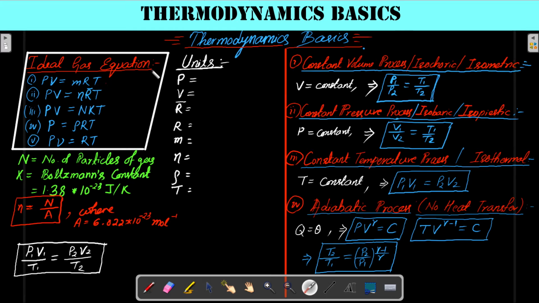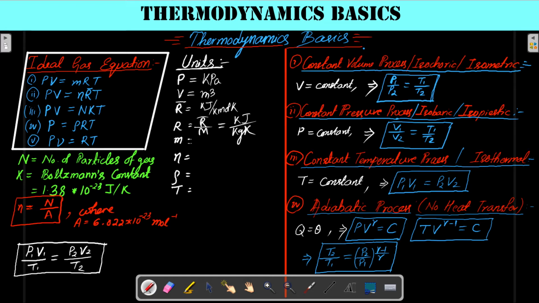Let's see the units. P is in kilopascal and V is in meter cube, and R here is the universal gas constant in kilojoule per kilomole Kelvin. The characteristic R equals R universal over molar mass, and its unit is kilojoule per kg Kelvin.